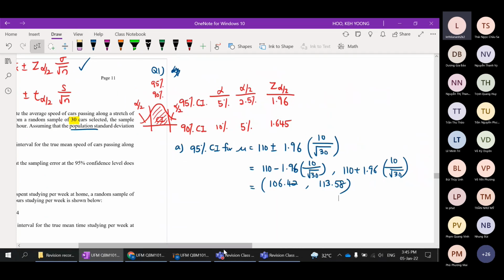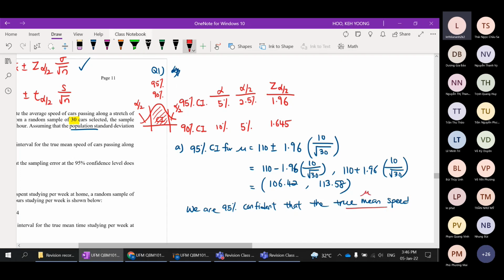Okay, so which means we are 95% confident that the true mean speed. What is true mean speed here? This means the population mean speed.